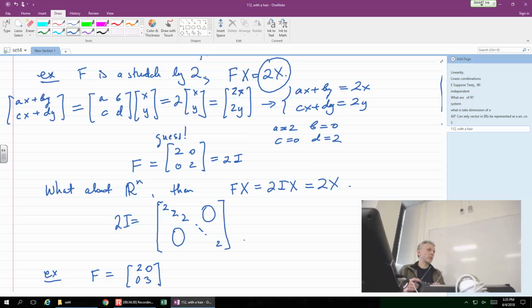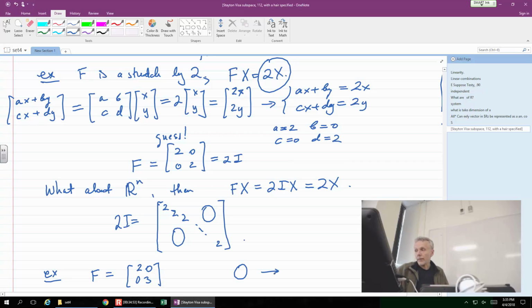It stretches more horizontally than vertically, which, if you look at it, is what it does to a circle. If you have a circle, it will turn into a non-circular ellipse, stretched more horizontally than vertically, indeed.